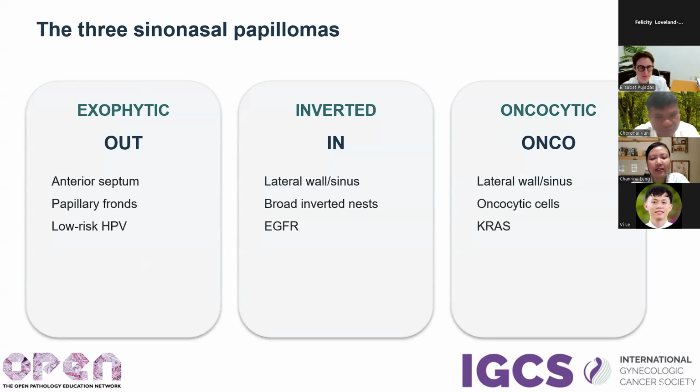The inverted papilloma has an inverted growth that grows down into the stroma. It arises in the lateral wall and sinus, and the feature is a broad invertedness. It is associated with EGFR alteration. The oncocytic type also arises in the lateral wall and the sinus, it has oncocytic cells, and it has a KRAS mutation.